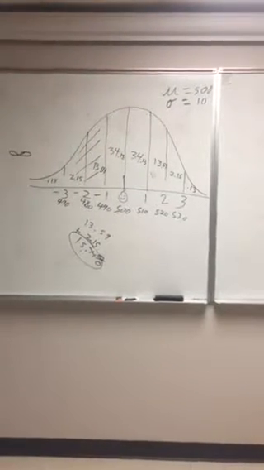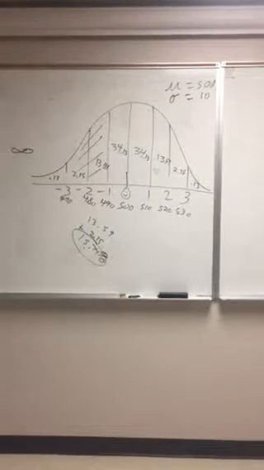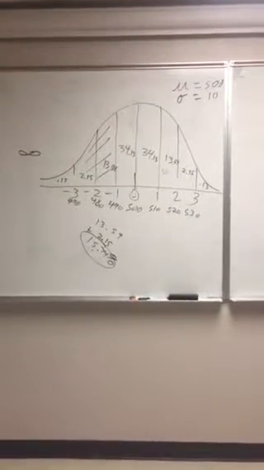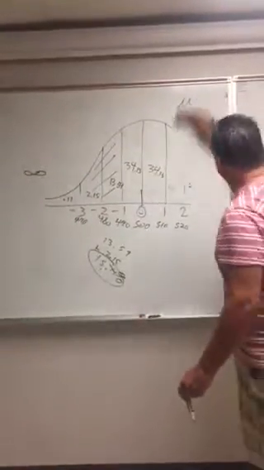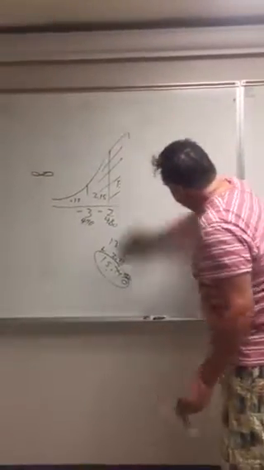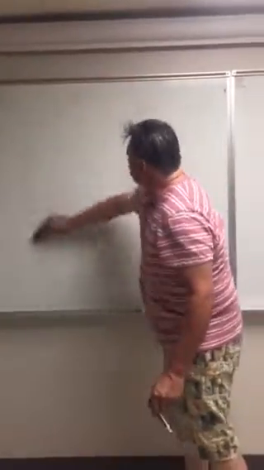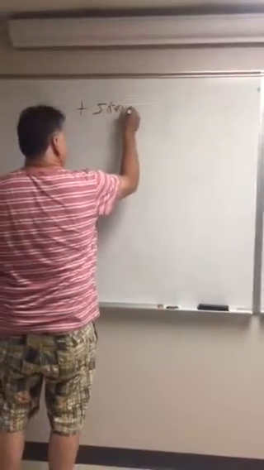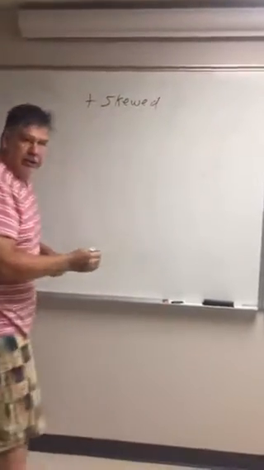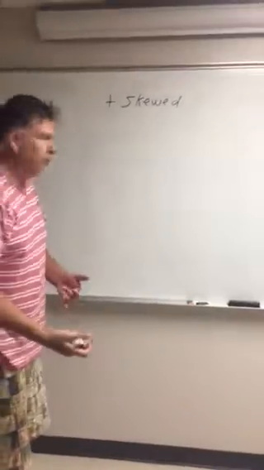Another thing that I talked about, like I say, central location, skewness. So let me erase this real quick. Let me talk about skewness. Now, if I have a positive skewed distribution, that means it's not normal.